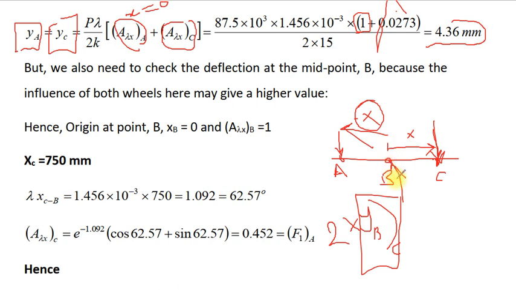So we have to compute the deflection at B with respect to C and then multiply it by 2 since it is the same.